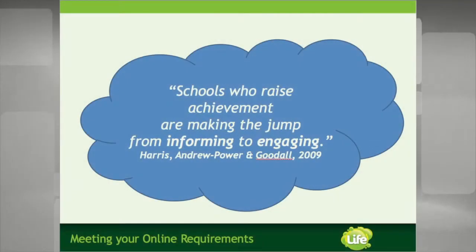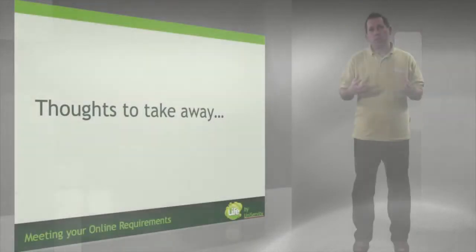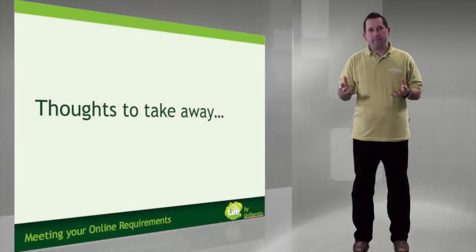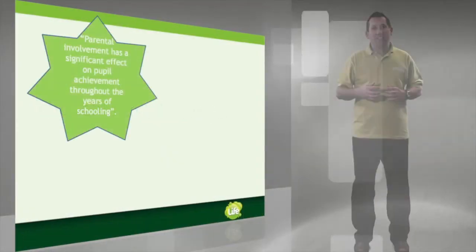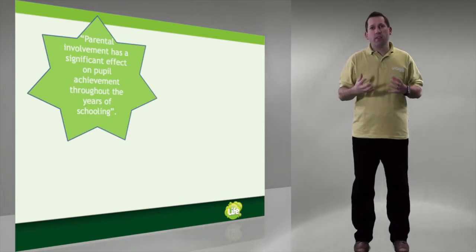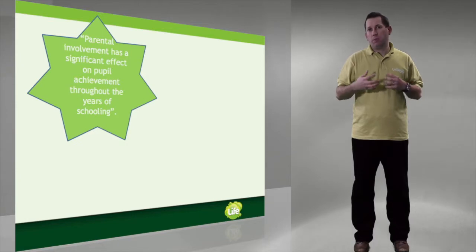As we've seen in the videos, those schools who are making the jump from informing to engaging are more likely to raise achievement. So, thoughts to take away. Parental involvement has a significant effect on achievement throughout the years of a pupil's schooling.